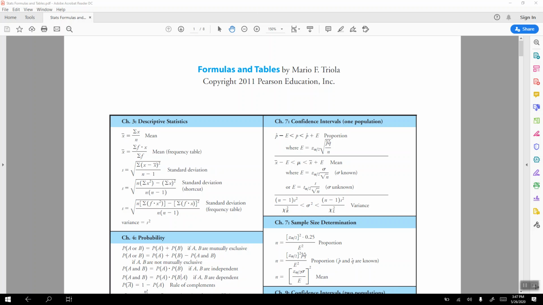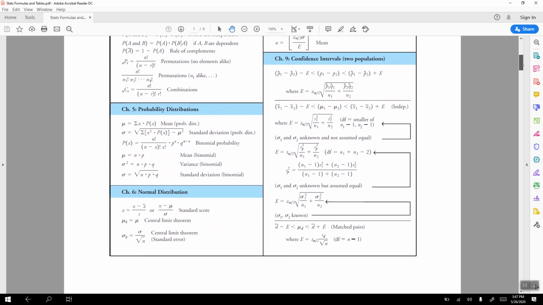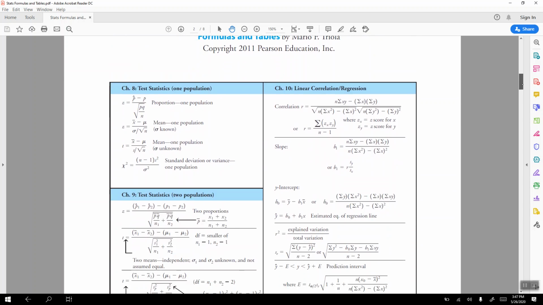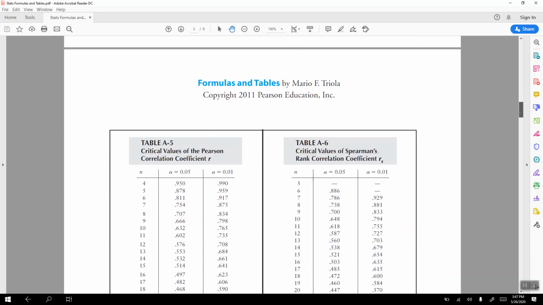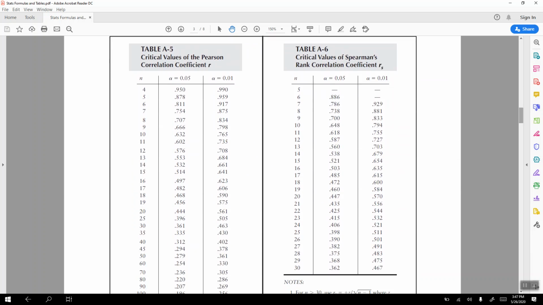Alright, here's my formula card that I put on Canvas. And notice it's just a formula card here, the same one that you always get for exams. And all I'm doing is scrolling down till I see table A5. Once I see table A5, this is where I want to be, specifically because now I want to observe the values that I'm looking at.